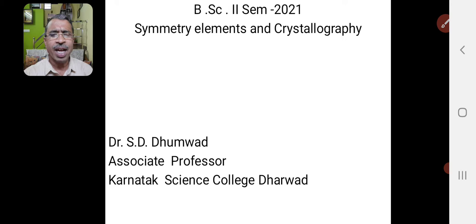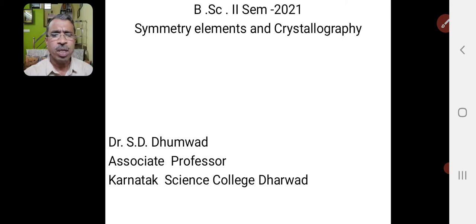The geometrical entity such as a plane or line with respect to which a symmetrical operation is carried out is called a symmetry element. Several types of symmetry elements are used to describe the symmetry present in molecules and crystals.